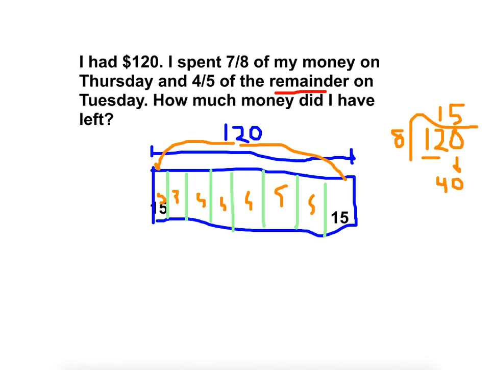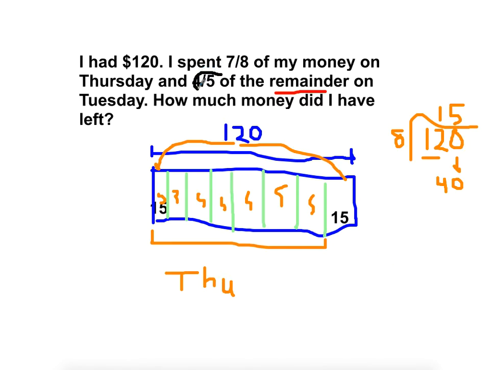Now it's saying I spent a fraction of the remainder on Tuesday. What I colored in orange was what I spent, 7/8 on Thursday. So this part represents Thursday.